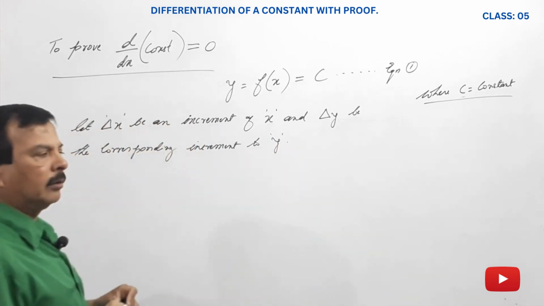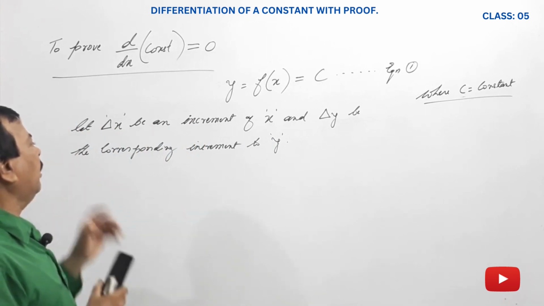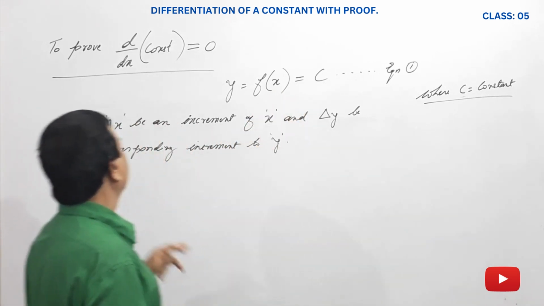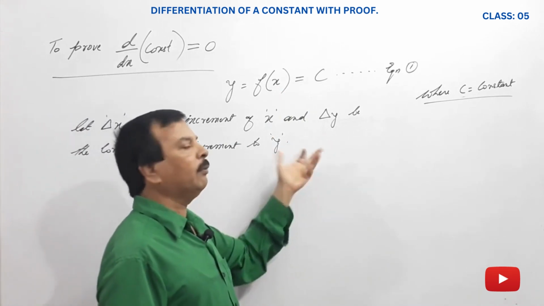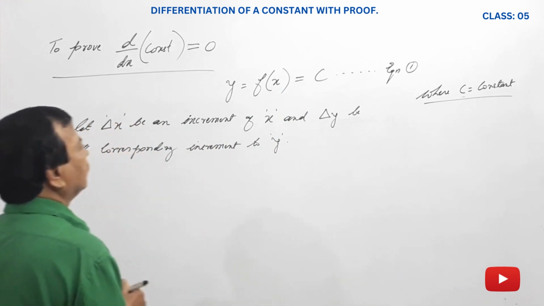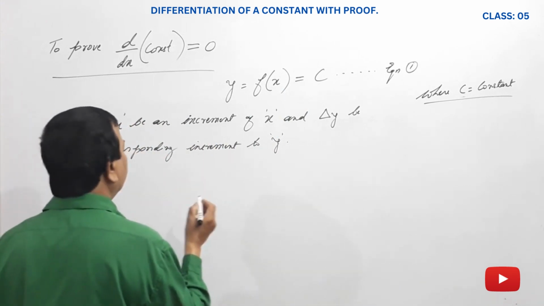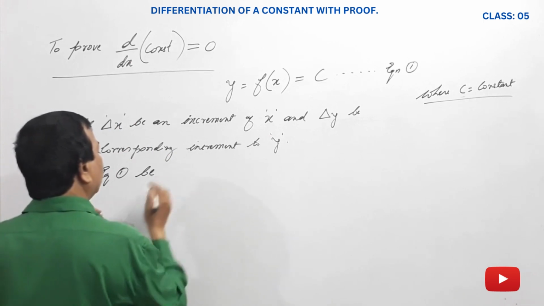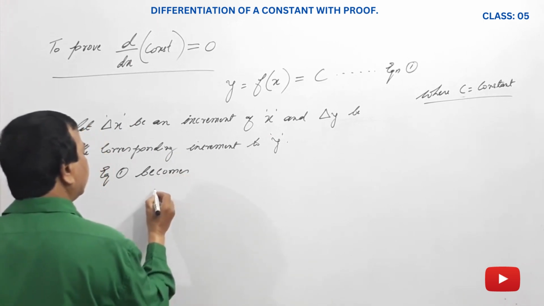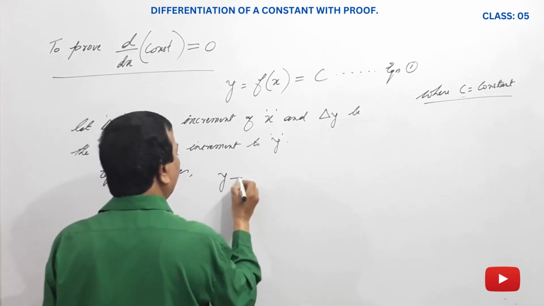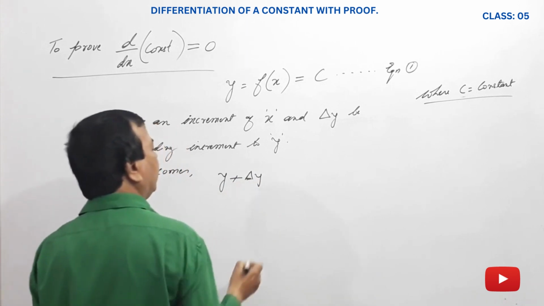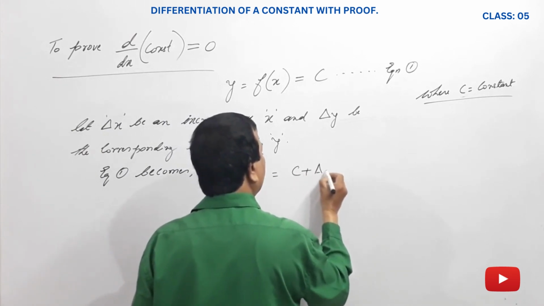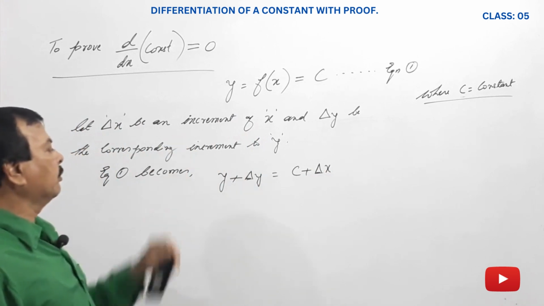Let's see what happens. Equation 1 becomes y plus delta y equals c plus delta x. Y plus delta y is our left hand side and c plus delta x is the right hand side.